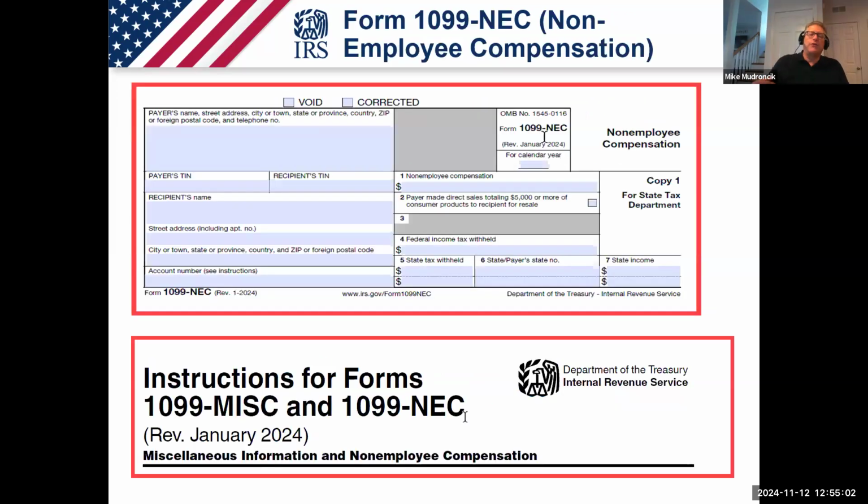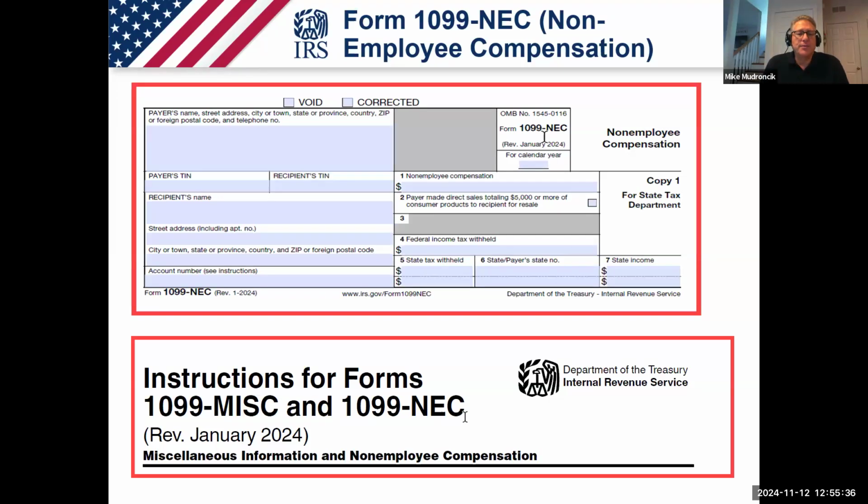To give you a visual for the actual paper form of the Form 1099-NEC, this is what you're looking at on the screen right now. At the very top left, it identifies the payer's information. So you, the organization that's paying the independent contractor, are identified up at the top. The non-employee compensation is identified in box 1.